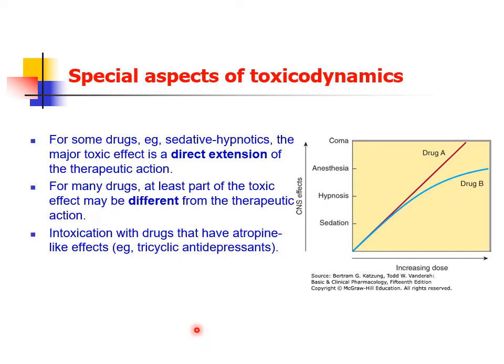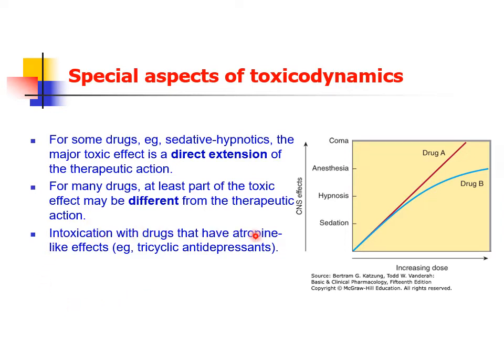Special aspects of toxicodynamics. For some drugs, sedative hypnotics, the major toxic effect is a direct extension of the therapeutic action. The therapeutic action is sedation and hypnosis, and the major toxic effect is a direct extension of the therapeutic action. For many drugs, at least part of the toxic effect may be different from the therapeutic action.